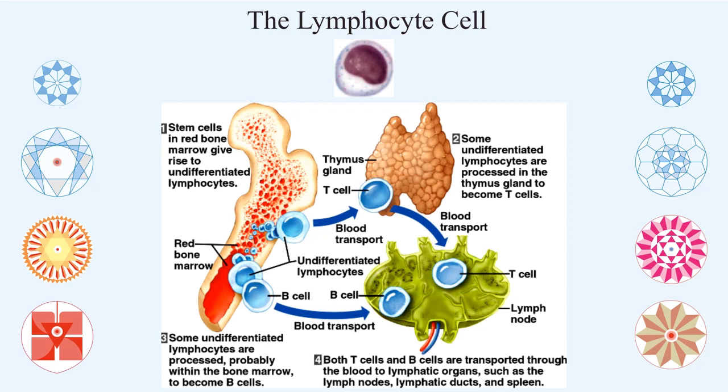T means thymus, B means bone marrow. This is something to be understood very clearly. Once that is understood, we'll be able to understand immunity much better when we take it up next for immunity. So T cells go through the blood transfer to the lymph nodes. Green on one side are the lymph nodes.